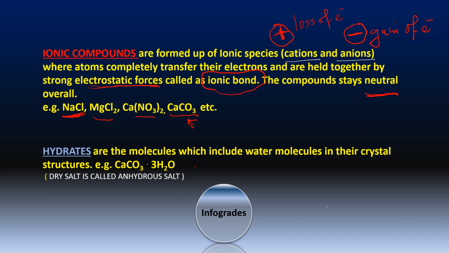Other than that, we will also need to know what hydrates are. So we will be learning the naming and the formulas for the hydrates. Hydrates are formed when the ionic compounds absorb some water molecules.